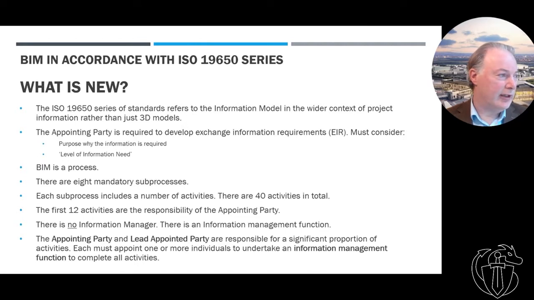And I think that's a difficult one to grasp at first, because generally BIM is seen as being all about models, but it's actually about all the information that's used in the generation of design and construction and operation of buildings.